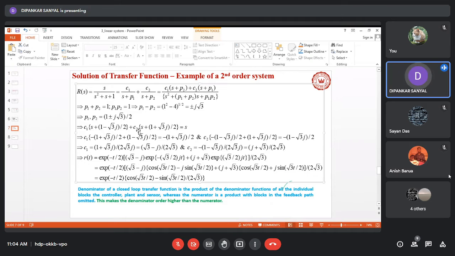What I am trying to say is, in this equation, if we put S equal to negative of this, then the coefficient of C2 will become 0, and the coefficient of C1 will be some value, and that leads us to an equation to obtain C1.